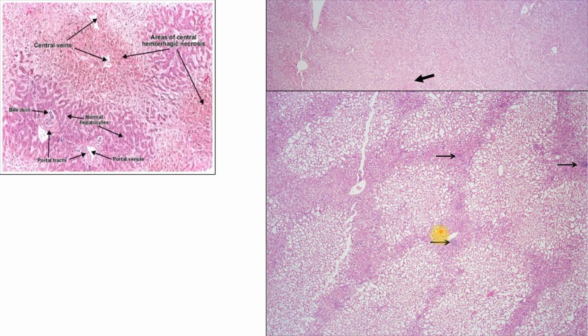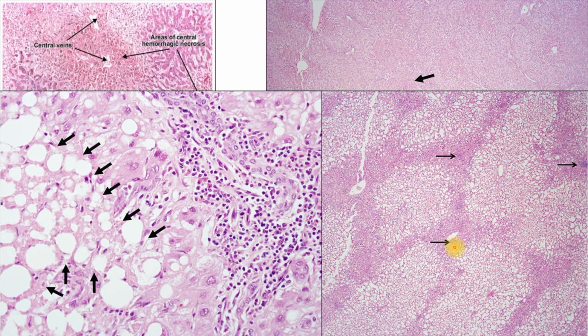And then here you can see in the portal area there are inflammatory cell infiltrations. Zoom in version, portal area, since it is near the hepatic artery and portal veins, it can bring infections taken from the other segments of the intestine.